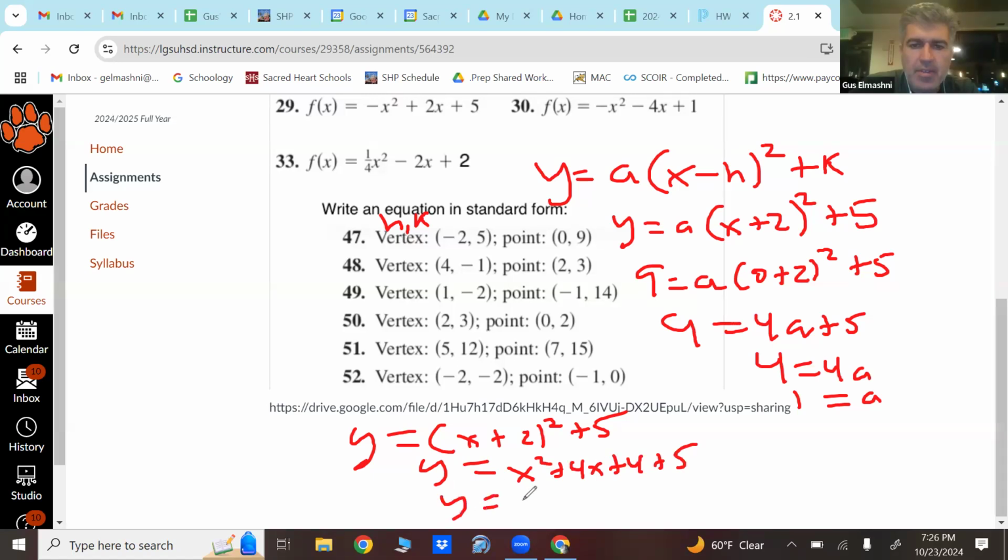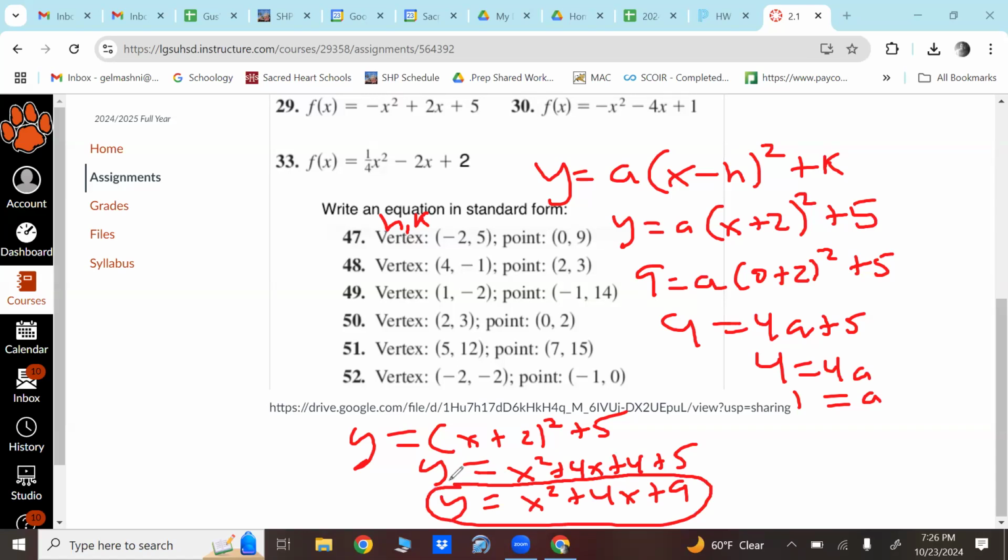And then you should get this. So you have to expand it afterwards because that's standard form.